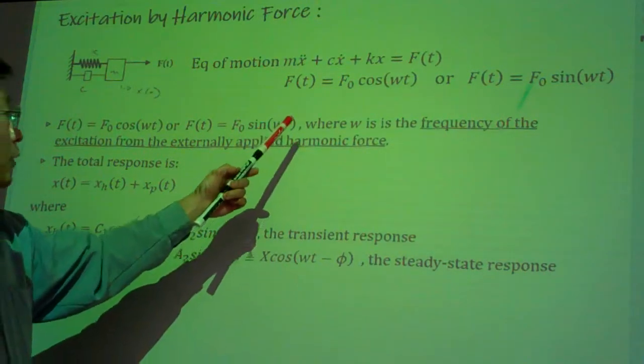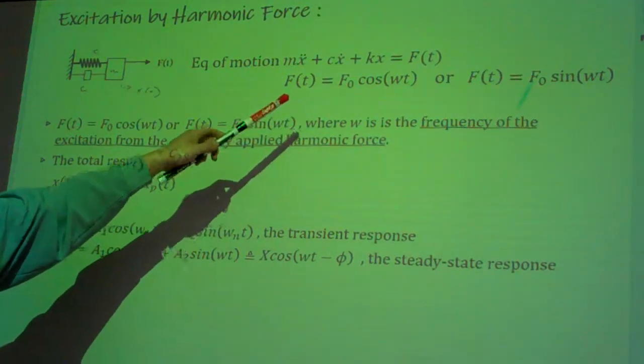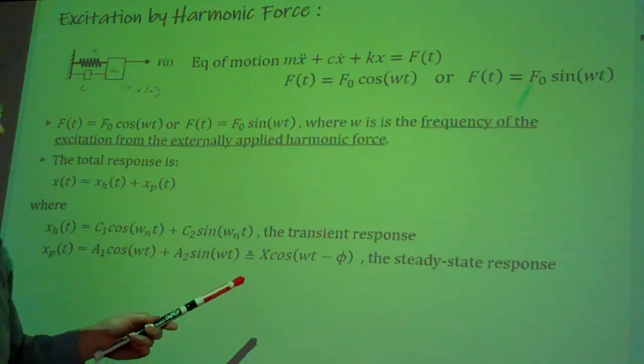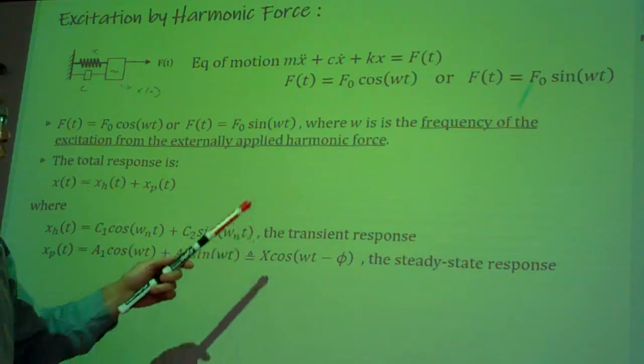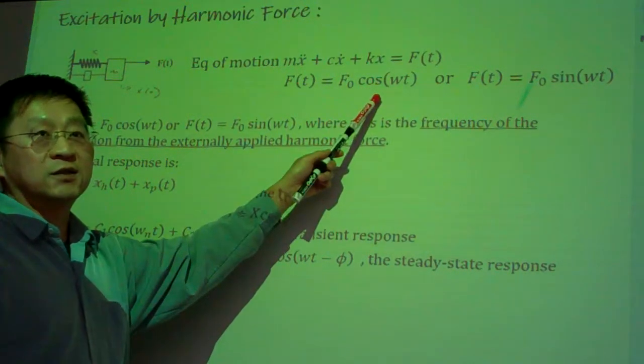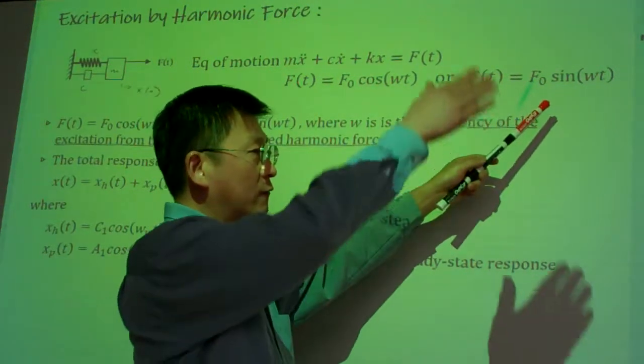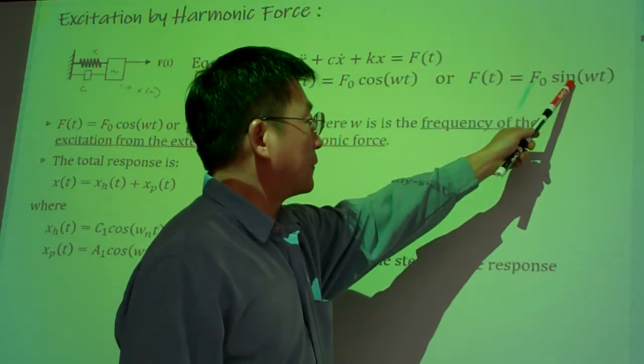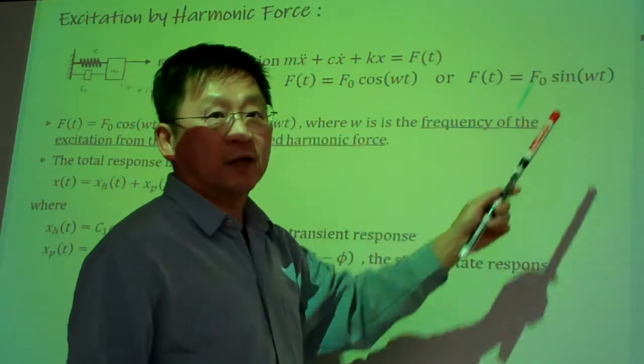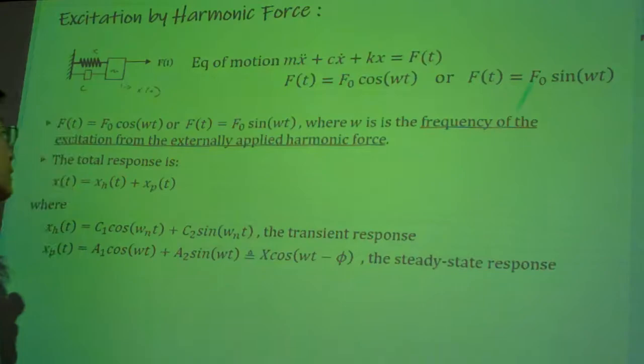So here in the lecture notes I will follow our textbook and use cosine for demonstrations, and if possible I will line up the calculation for sine in parallel for comparison.